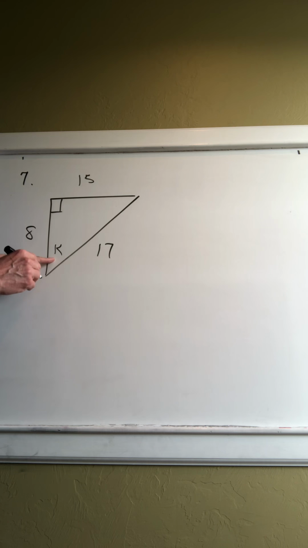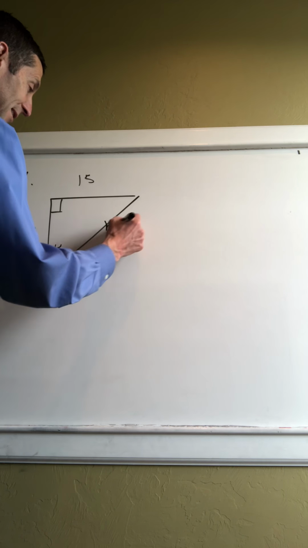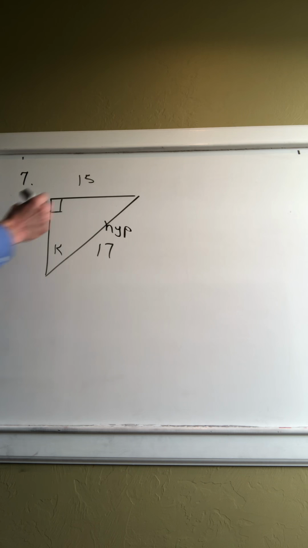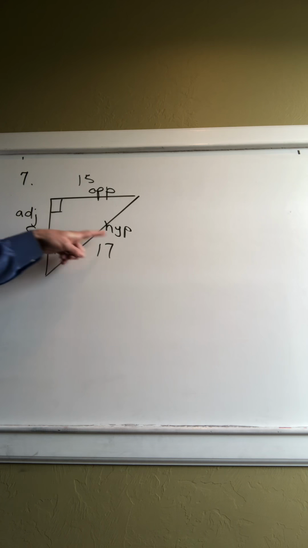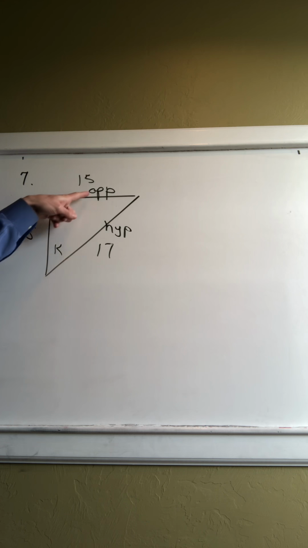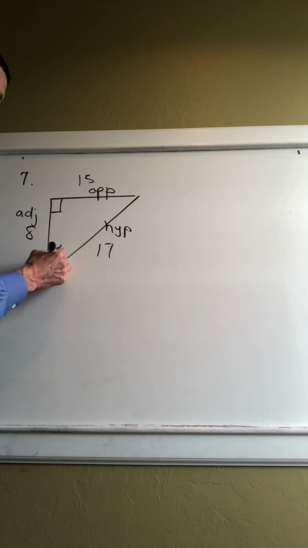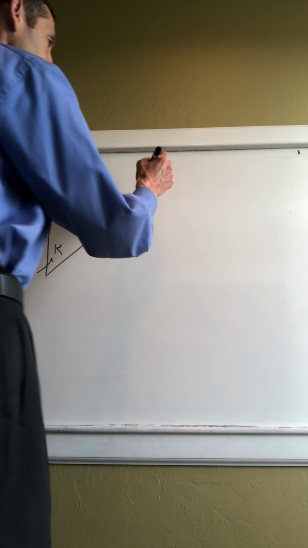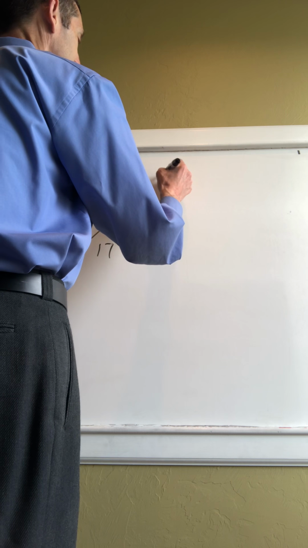So here's angle K. We know this is our hypotenuse. We know this is our opposite side. And then right next to it is adjacent. So you have to label all three sides correctly: opposite, hypotenuse, adjacent, all based on the angle given to you. Once you have all three sides labeled correctly, we're going to knock out our trig ratios.